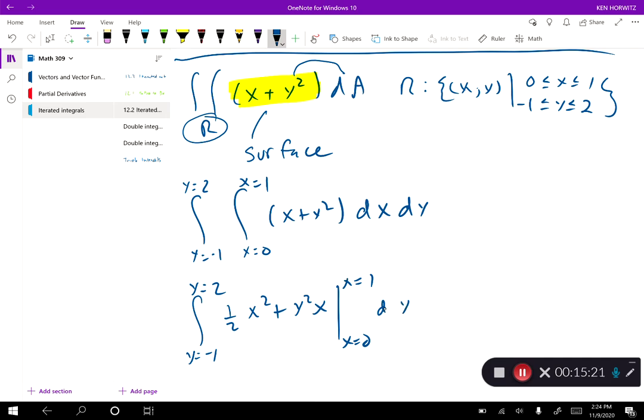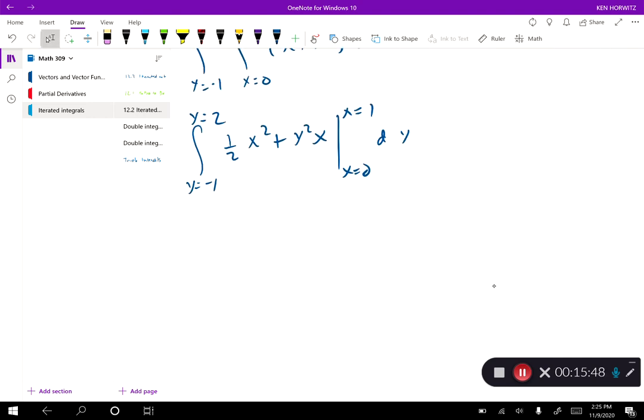Now, if you at this point wanted to check your work, you could take this function and do your partial derivative with respect to x. If you wound up with that function, you would be fine. We're fairly confident that we're doing okay, so we're just going to move forward.